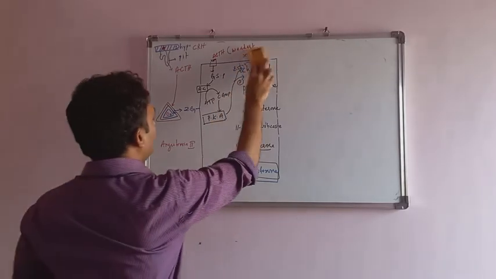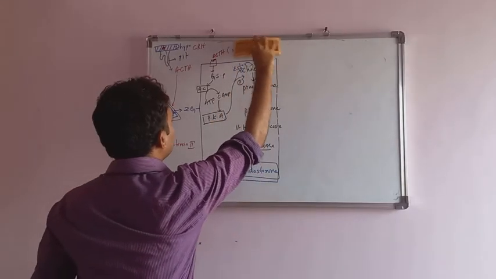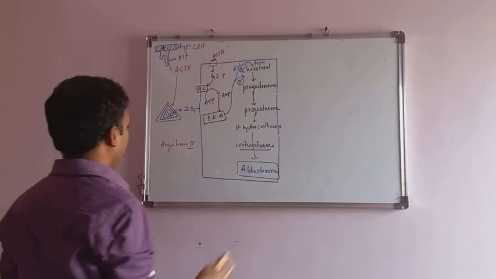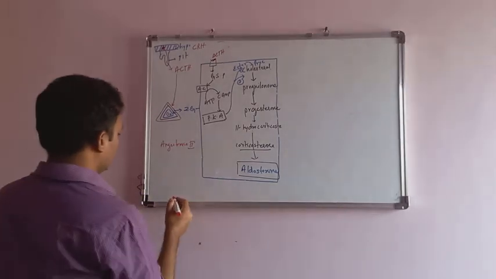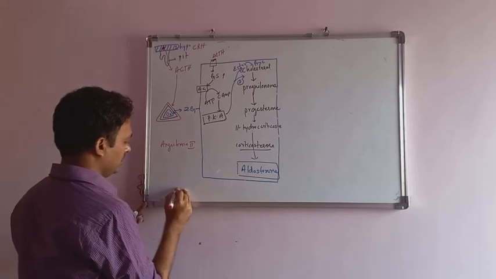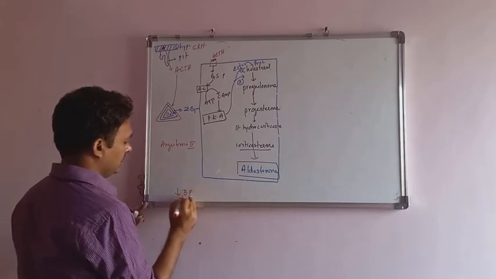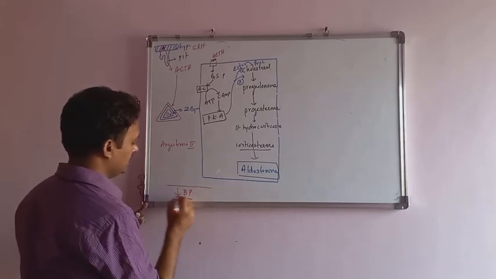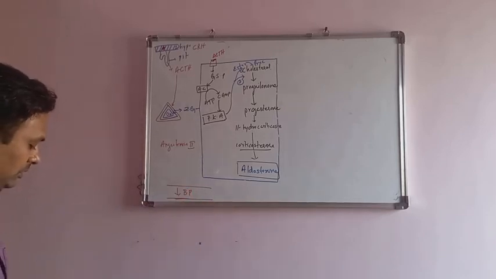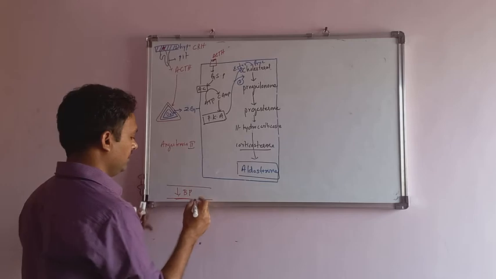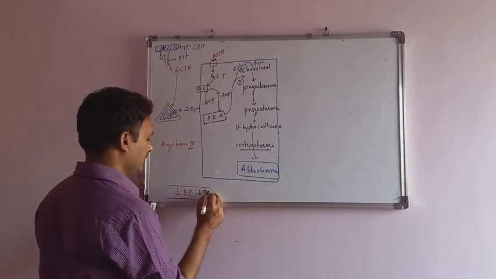Why does angiotensin 2 become the strongest stimulus? We'll be discussing this now. Whenever in the body the blood pressure goes down, what happens? BP goes down because of low blood volume.